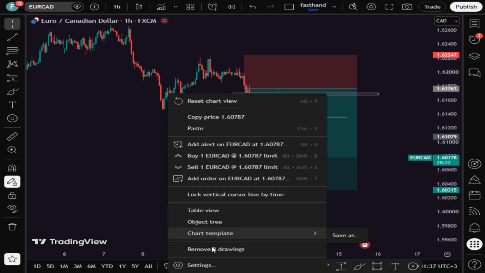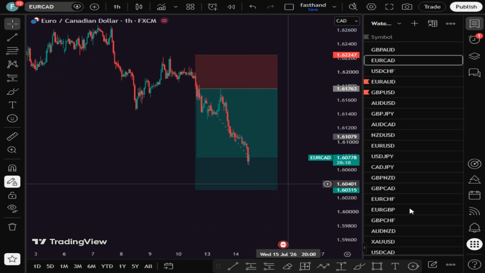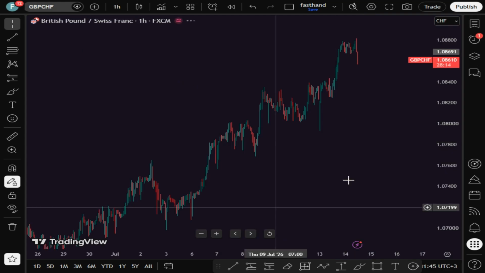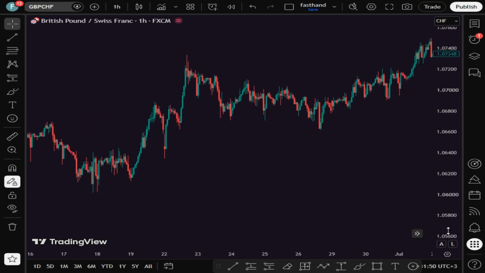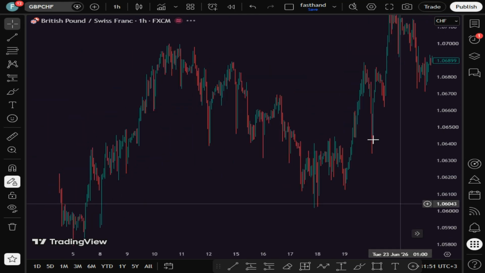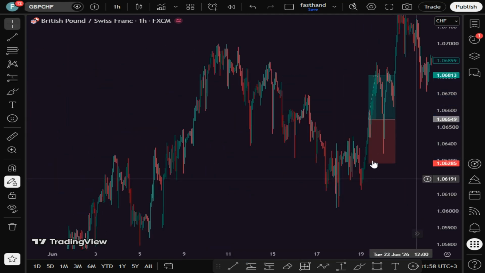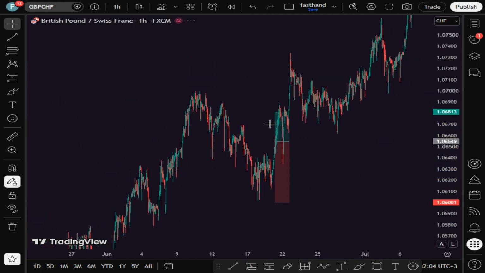Let me give you a scenario on my previous trade that I talked about, GBP, that was a win. It hit take profit. If I look for my entry position, I think I took this trade right there. And my stop loss was around 50, I can't remember, let's just say 50.